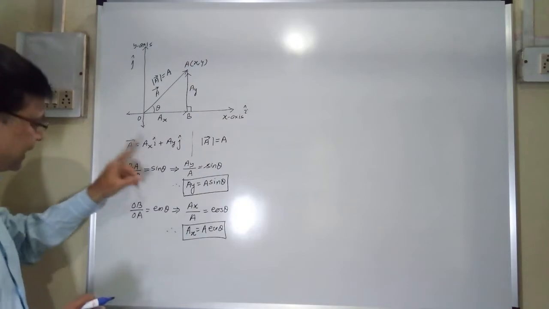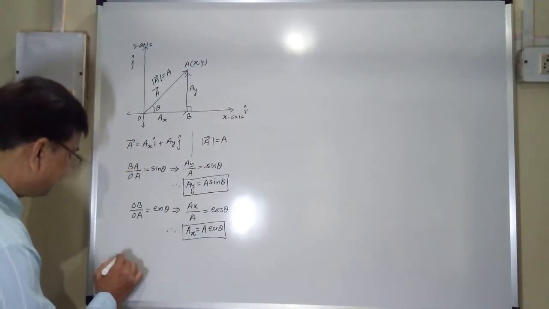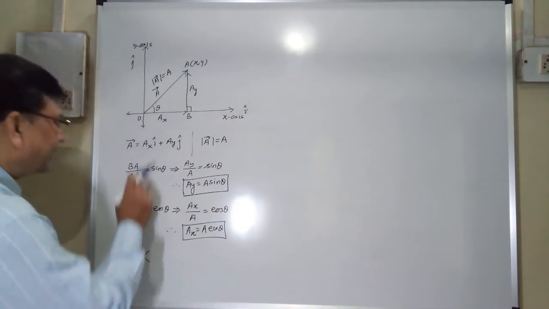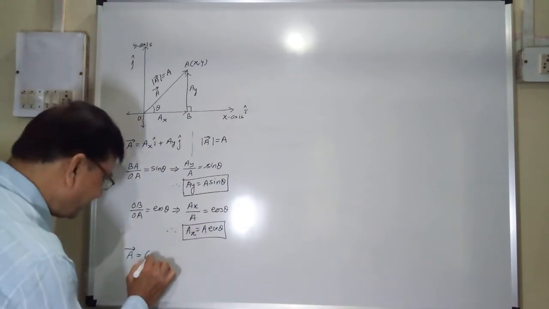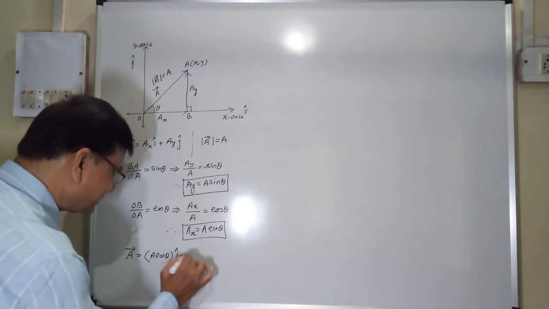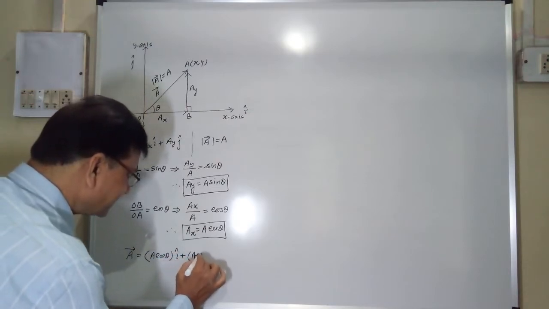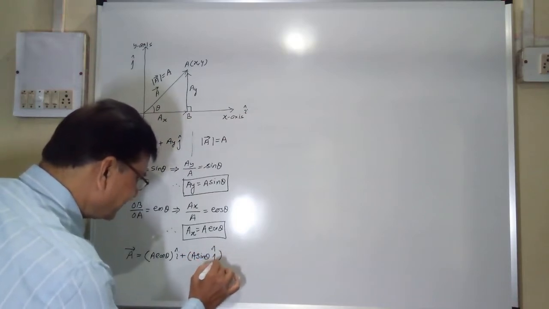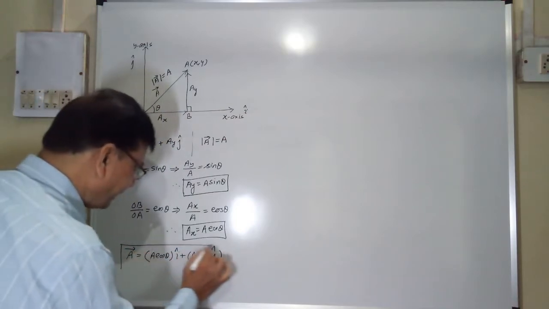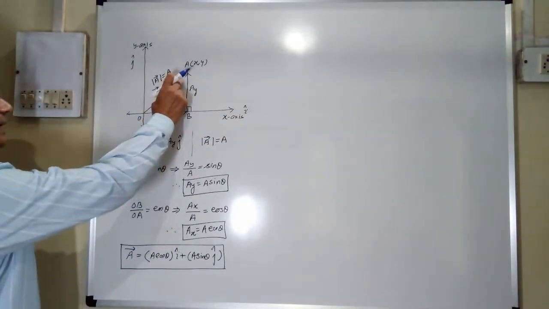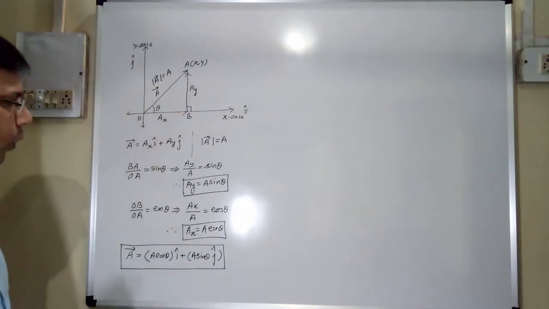So vector A can be represented as A cos theta i plus A sin theta j. This can be used when the magnitude of vector A and this theta are known.